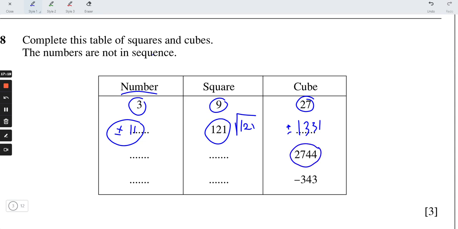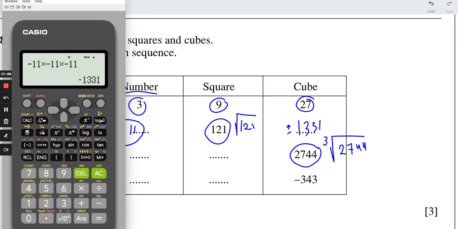Here the cube is 2744. The opposite operation of the cube is to take the third root of 2744. So using your calculator, you will find it. So the number is 2744 to the power of the fraction 1 over 3.